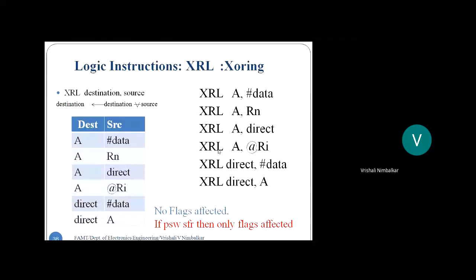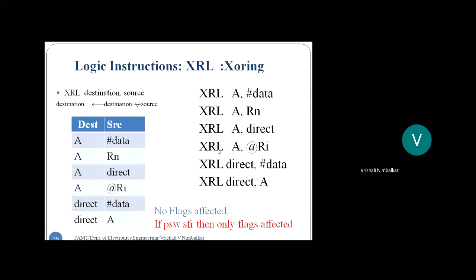Now, do you remember the truth table of XOR? If the numbers are the same, 0 XOR 0, output is 0. 1 XOR 1, output is 0. I'm talking about 2 bits; with 3 bits, the logic is different.